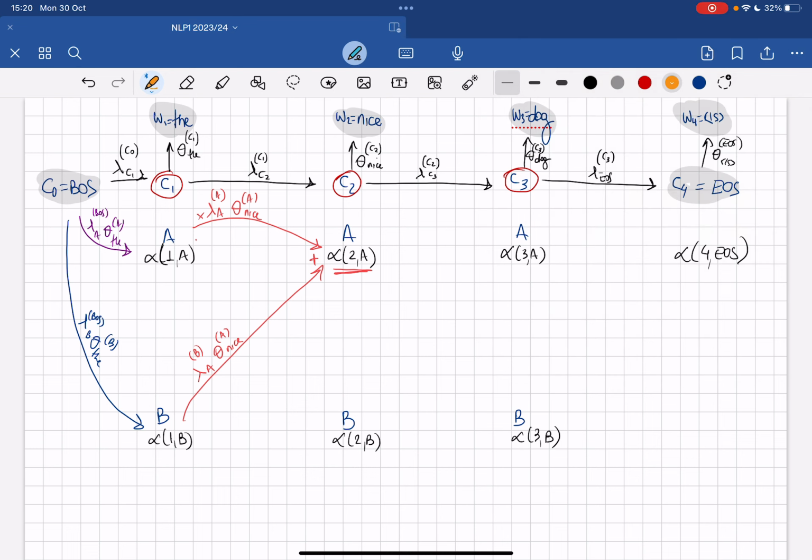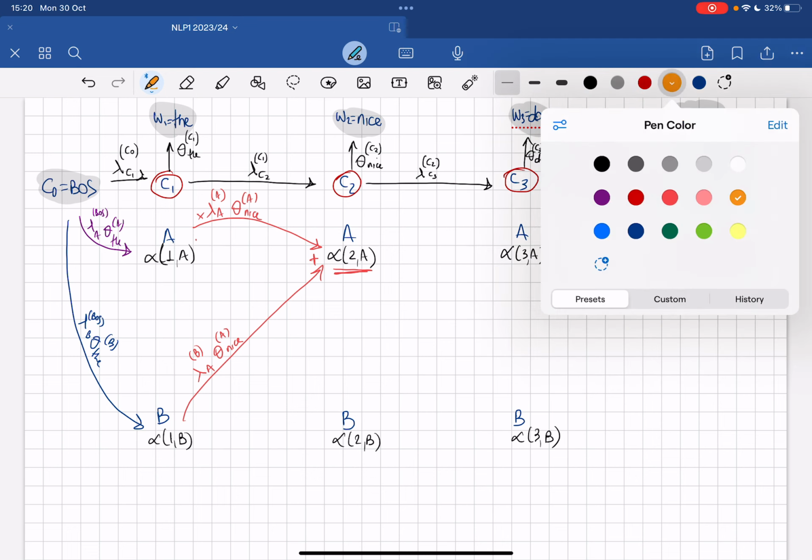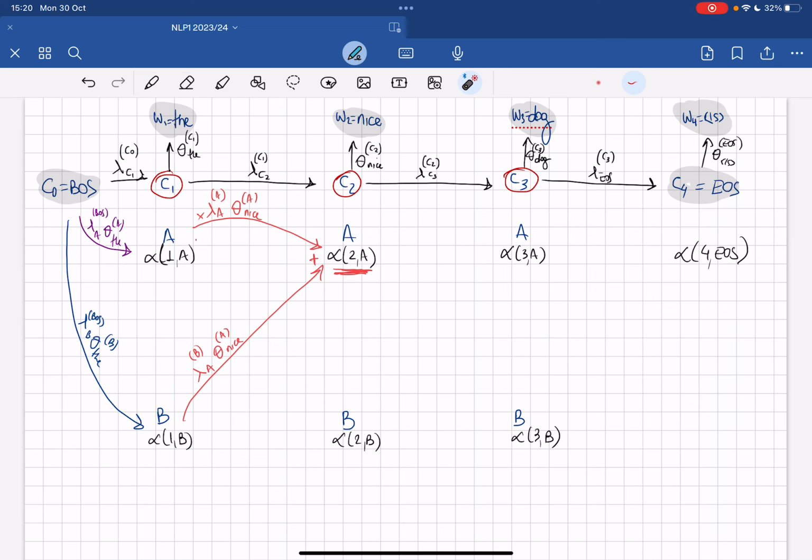Hence, this cell, alpha 2A, would evaluate to alpha 1A times this transition emission pair plus alpha 1B times this transition emission pair. This marginalizes the assignments to C1 and generates the last pair.